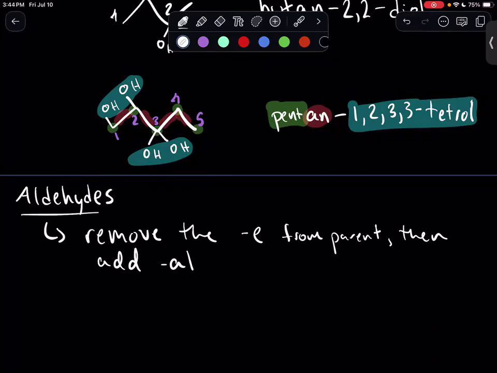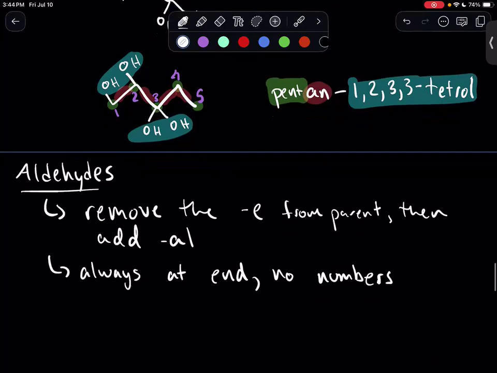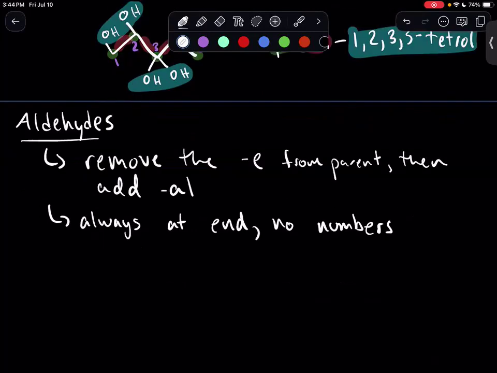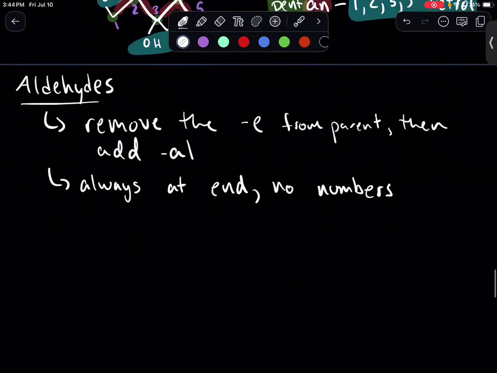You should remember these from your flashcards. And because these are always at the end, there's no numbers. We know that they have to be at the last carbon, otherwise it's no longer an aldehyde and it's instead a ketone.